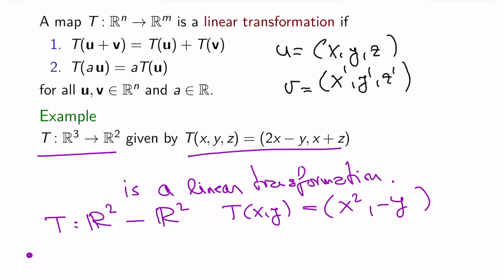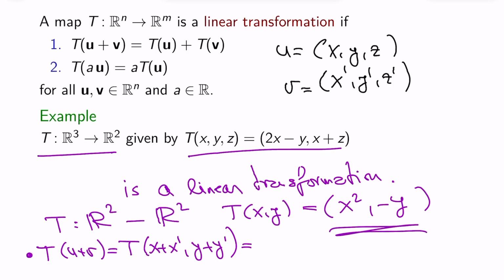So as soon as we do here T of u plus v, that is in this case T of x plus x prime, y plus y prime, and following now this other transformation, we see that this equals x plus x prime squared, comma, minus y plus y prime.